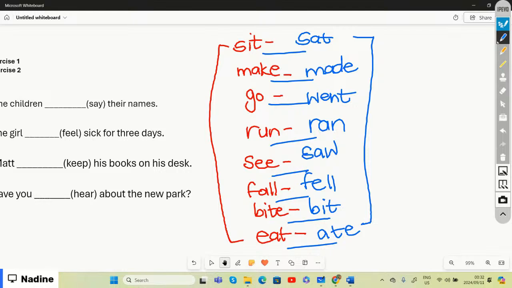The wording changes. Sit is in the present, but in the past it's sat. Make is now in the present, but I made something in the past, right? Go is something that I do now, but in the past I went to the shop.